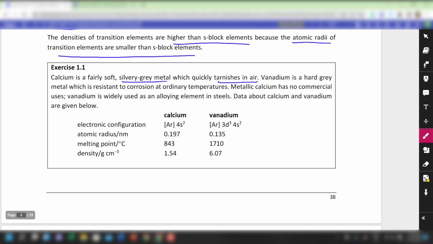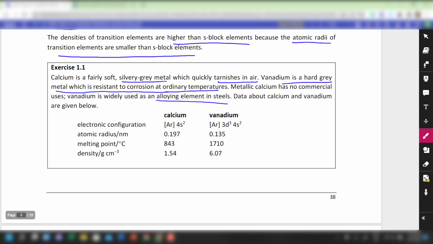It tells you that it is highly reducing, which tends to react with oxygen, and in the process probably produces calcium oxide or calcium hydroxide, likely calcium oxide first. Vanadium is a hard gray metal which is resistant to corrosion at ordinary temperature. Metallic calcium has no commercial uses. Vanadium is widely used as an alloy element in steels. So data about calcium and vanadium are given below.